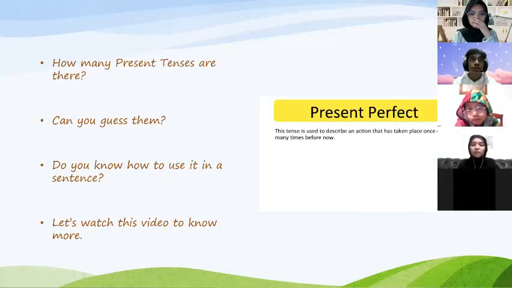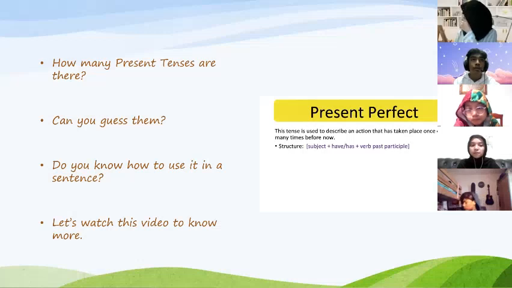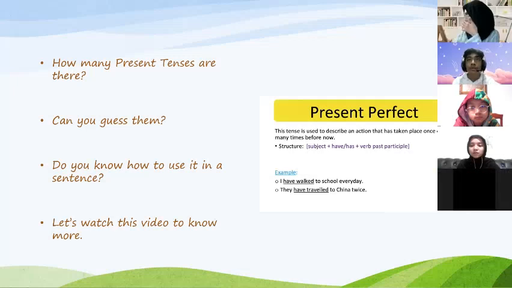Present perfect. This tense is used to describe an action that has taken place once or many times before now. The structure is subject plus have or has plus a verb past participle. For example, I have walked to school every day. They have travelled to China twice.